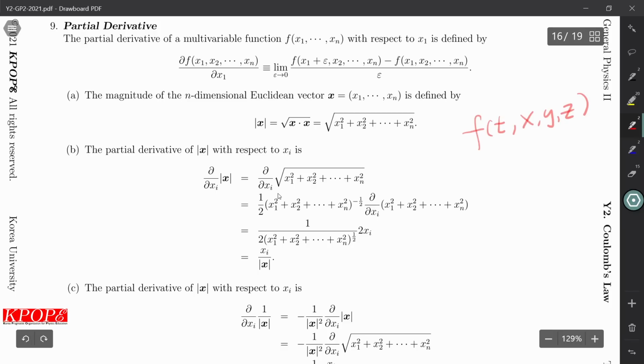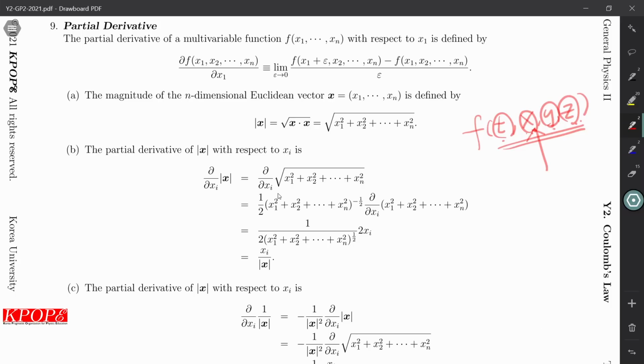So you have 4 variables, and in many cases you have to take the derivative with respect to a single variable, either x, y, z, or t, keeping any other variable the same.